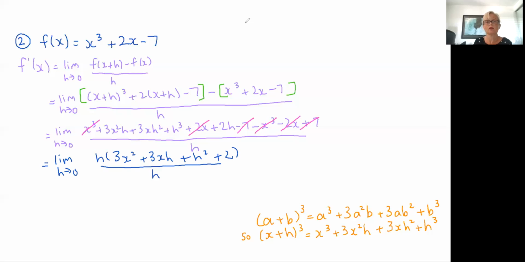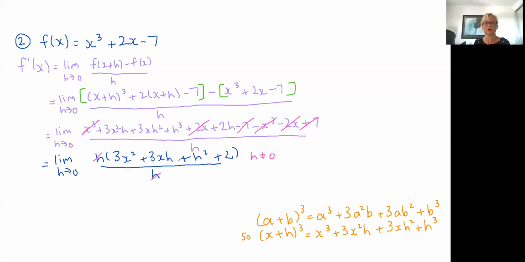Now, we are allowed to cancel those h's because we're just taking the limit. We're not saying h is actually equal 0. We're saying h is getting infinitely close to 0. Now it's okay to work out the limit of this by subbing in h as 0.